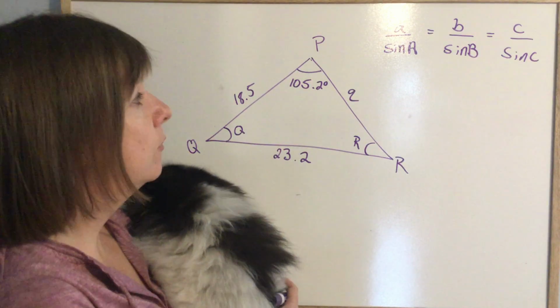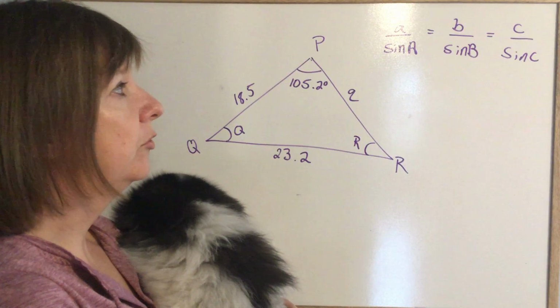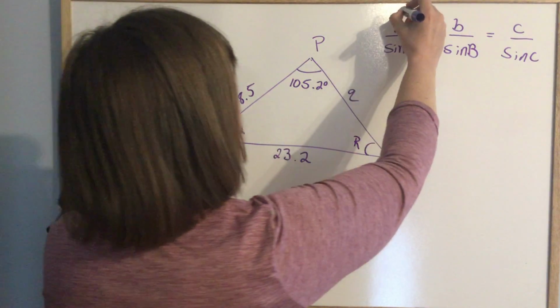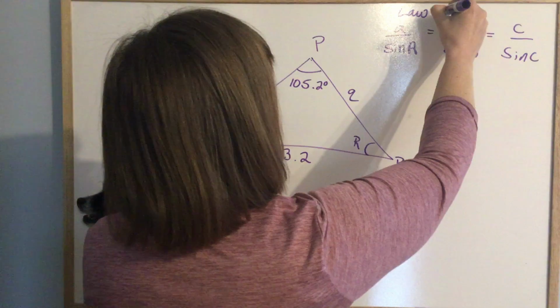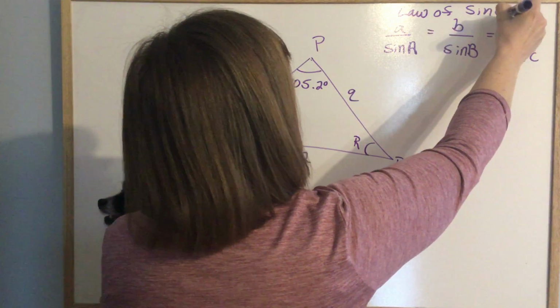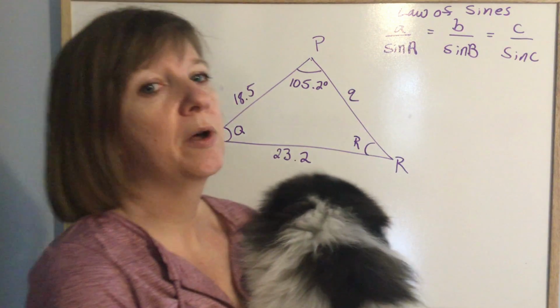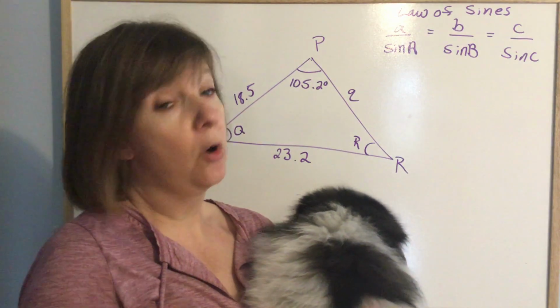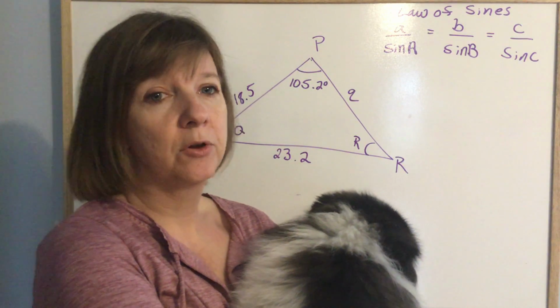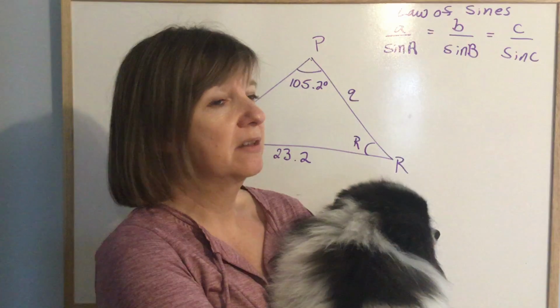Now, how do I know whether I should use law of sines or law of cosines? Well, first off, you want to hope that you can use law of sines, because law of cosines, to me, is way worse.